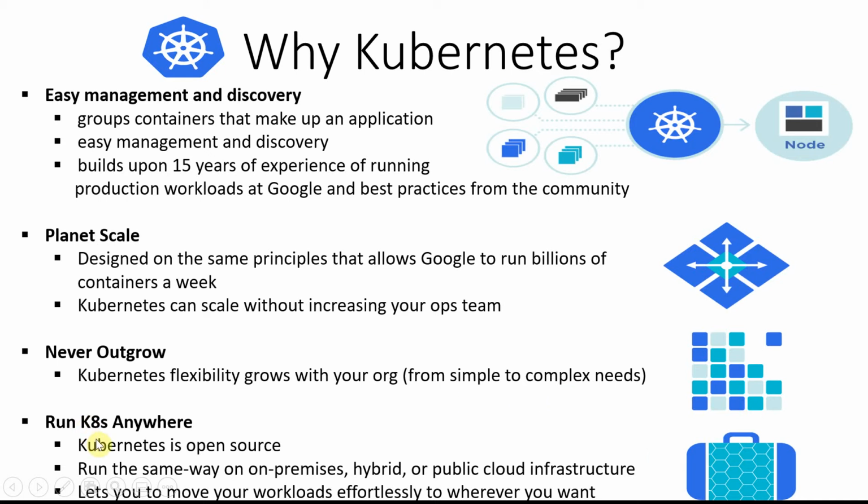run Kubernetes anywhere. This is the highlight of Kubernetes, which none of the other tools solved. Kubernetes is completely open source, and it can run the same way on on-premise, hybrid, and public cloud infrastructure. It also lets you move your workloads effortlessly to wherever you want.